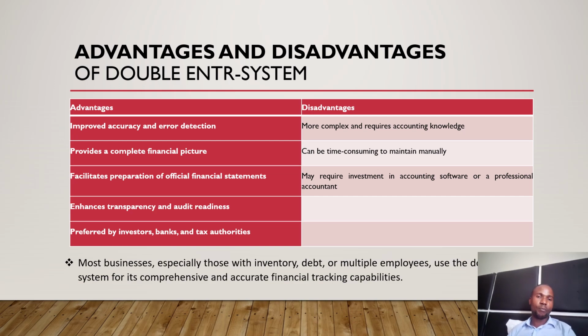If you were to compare, you will see that the advantages of the double entry system outweigh the disadvantages. That's why most businesses, especially those with inventory, debt, and multiple employees, use the double entry system for its comprehensive and accurate financial tracking capabilities.